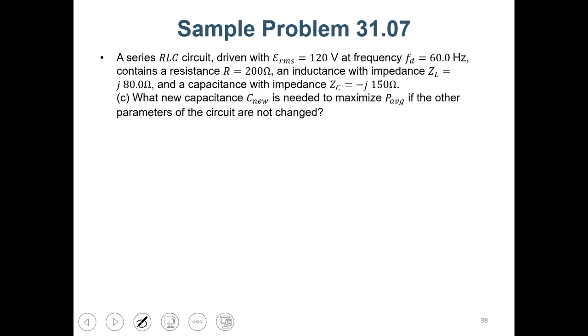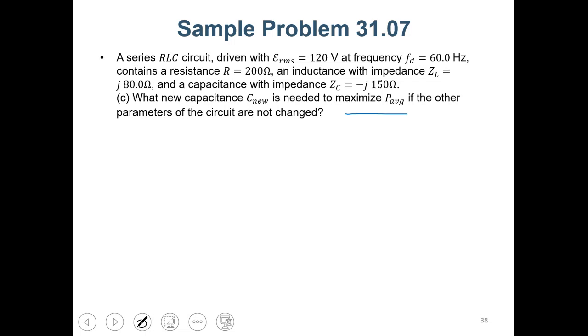And for part C, what is the new capacitance needed to maximize P average if the other parameters of the circuit are not changed? Which means that we hope to maximize the P average.